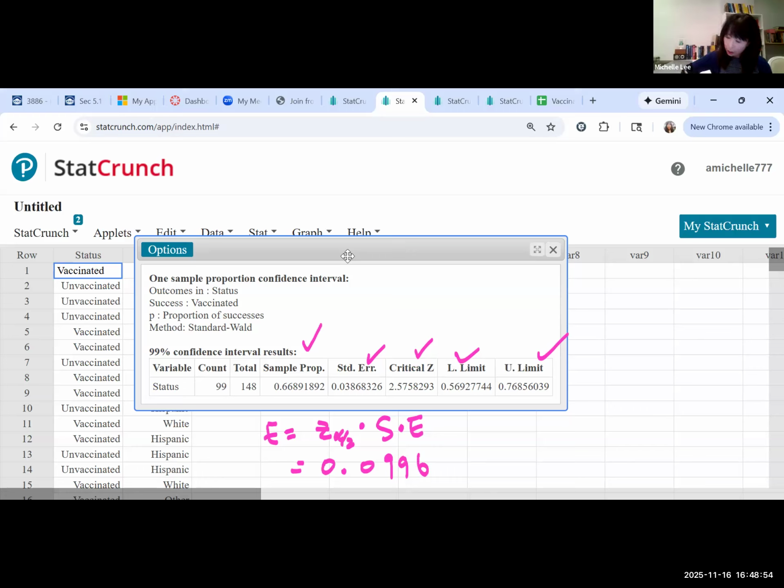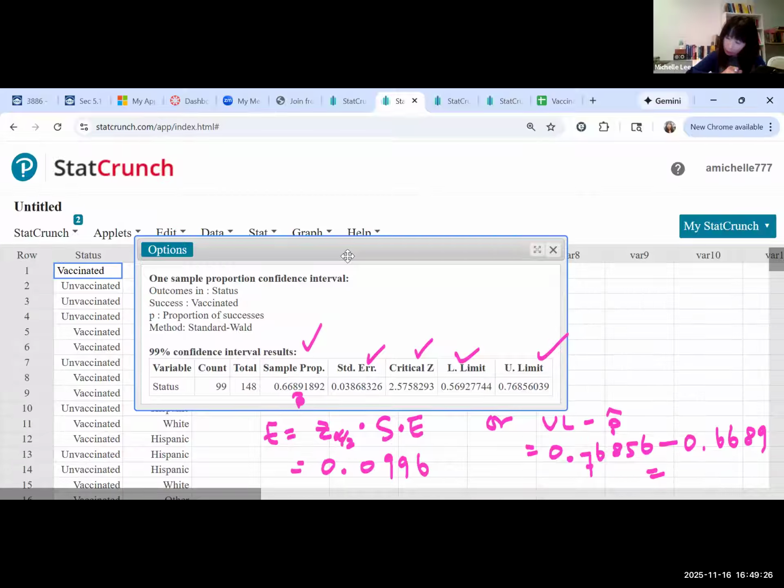Or we can use the upper limit minus p hat, right? So there will be the upper limit, which is 0.76856, minus p hat, which is 0.6689.